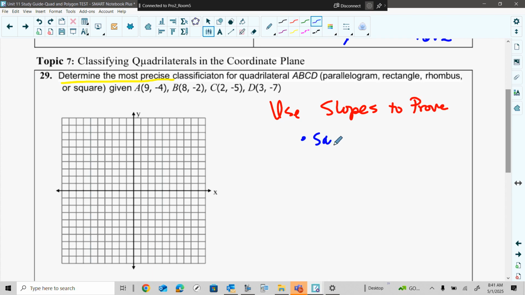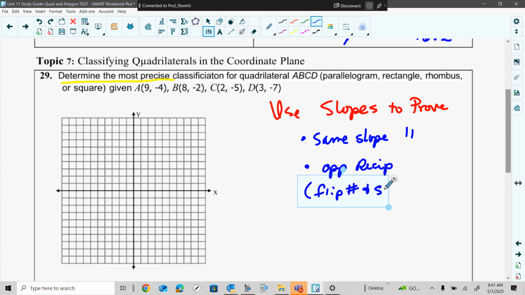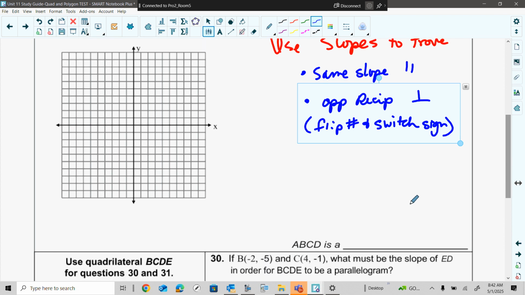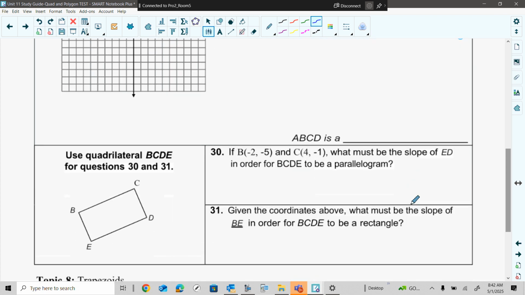If you see same slope, then that's going to prove parallel. If you see opposite reciprocal slopes, which means you flip the number and switch signs, that's going to be perpendicular. Emery, just give me what you got and go to the other paper, please. So use that to problem solve, which we're going to use here to problem solve.